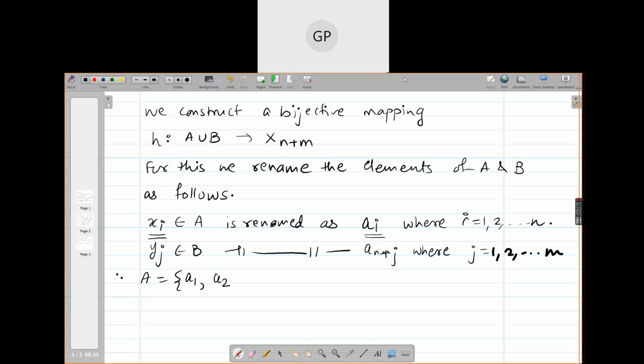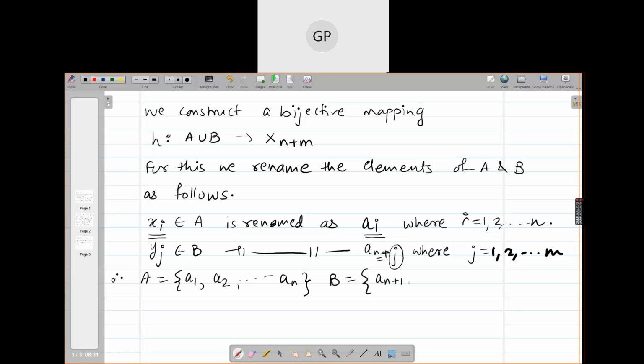Yes or no? Yes, ma'am. x1 becomes A1, x2 becomes A2, and so on. What will xn become? An. And what will the B set be? Tell me now. A n, your n will remain the same, what will change is j. So j will change from 1.